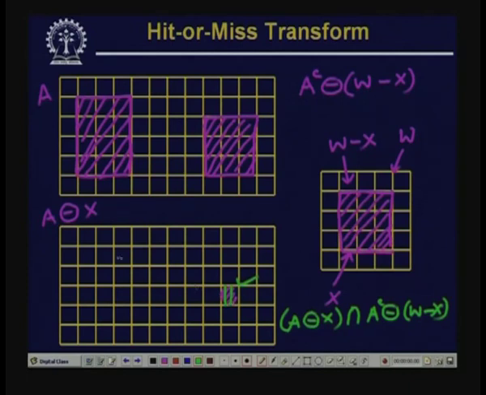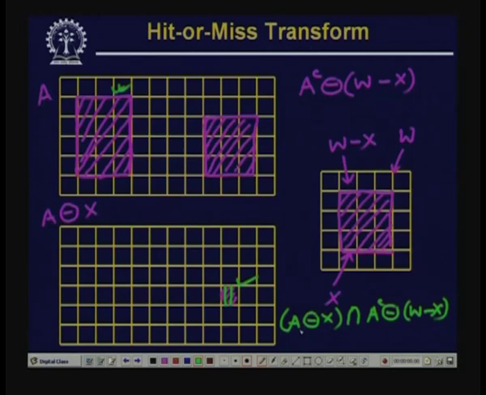Though this object region is a superset of this object X, it has not been detected. What we have detected is only a single location where this particular object is present.